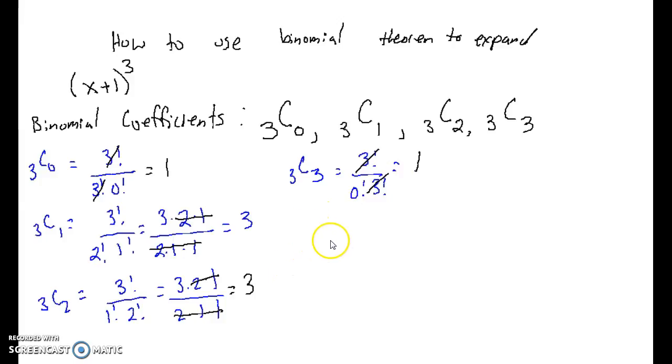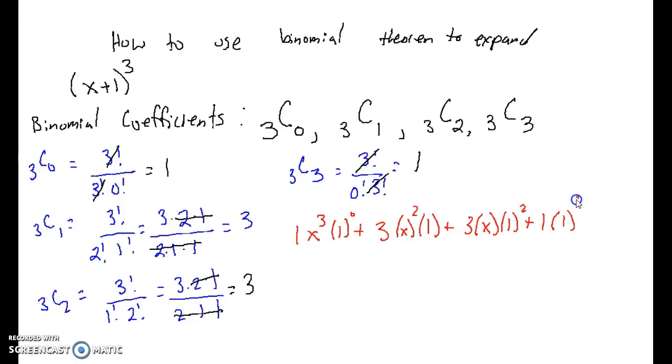So if we use our binomial expansion, we're dealing with x and 1, and now these are our coefficients. So you have 1 times x cubed times 1 to the power of 0, plus 3 times x squared times 1 to the power of 1, plus 3 times x times 1 squared, plus 1 times 1 cubed.